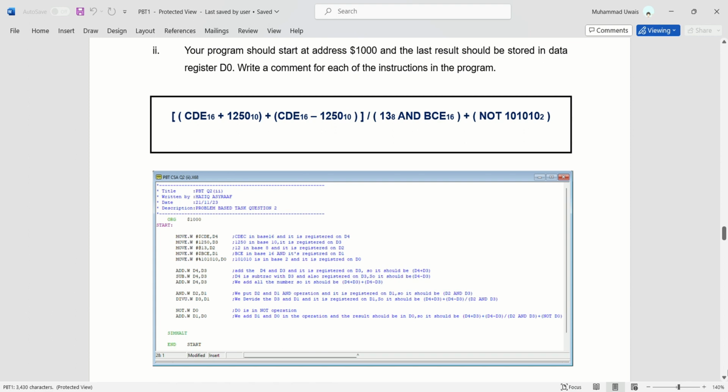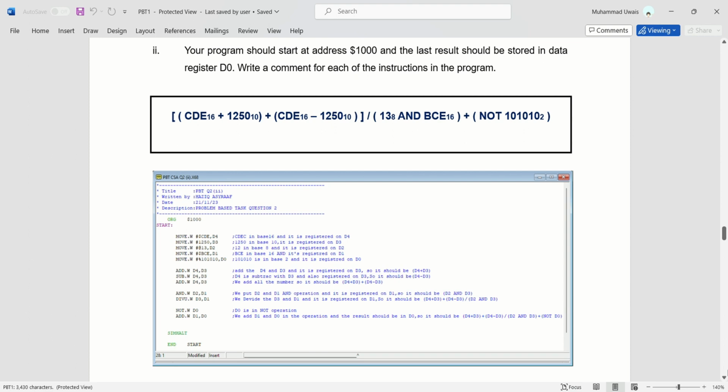BCE in base 16 is registered on D1. move.w #%101010 D0. 101010 is in base 2 and is registered on D0.